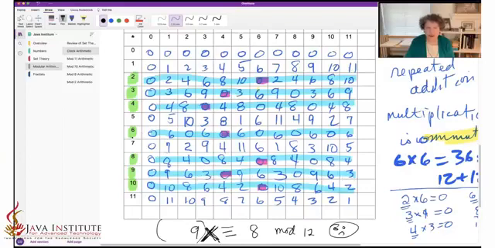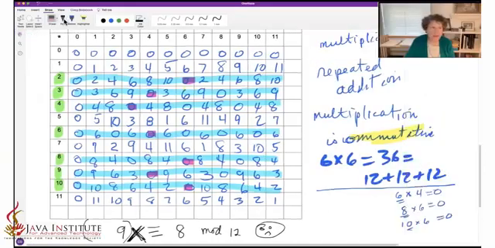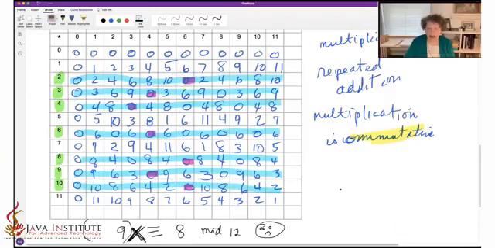If there were a 1 there, like in the 7 row, if I had 7x equals 8, I can do it.